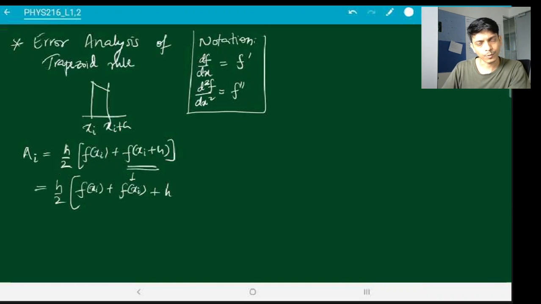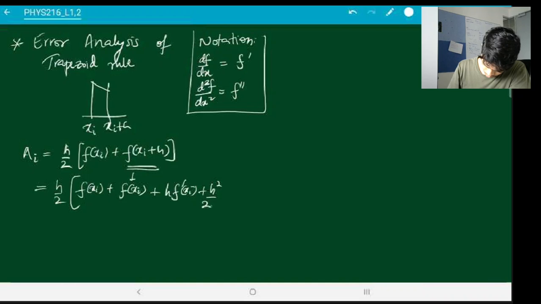You just keep putting as many primes as the number of times you are differentiating. So h times f prime at xi plus h squared by 2 factorial f double prime at xi, and so on. In fact, I'm going to write plus order of h cube.